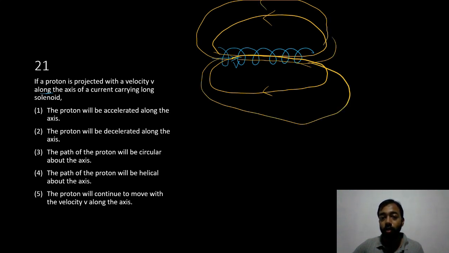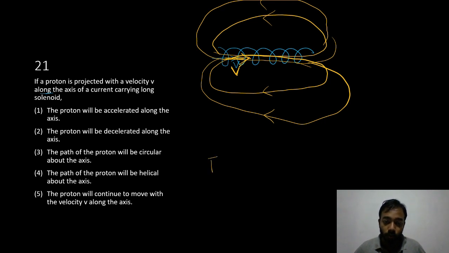So here, as the proton is just projected parallel to this axis, there will be no perpendicular component of this velocity to the lines of this magnetic field. As there is no perpendicular component, it's not cutting the magnetic field lines. That means a force will not act on this charged particle, the proton. It is the same for a negatively charged particle like an electron as well.